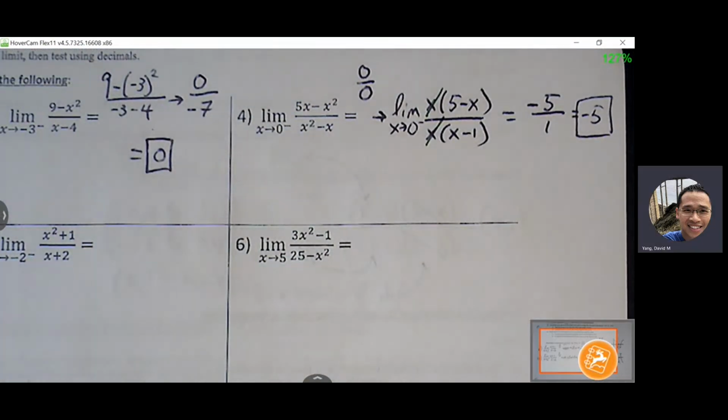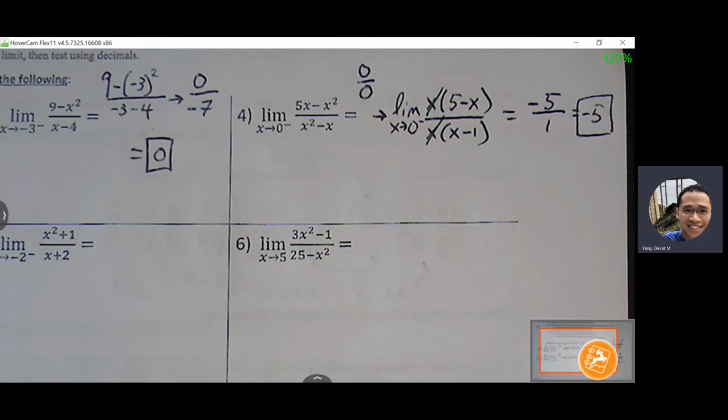Again, I see enough students make this mistake, so I want to point this out and keep stressing it. Sometimes students get to this point, they say, oh, I see that one-sided limit, I gotta do a decimal, and they choose like -0.9, or -0.1, they force it into a decimal, right?